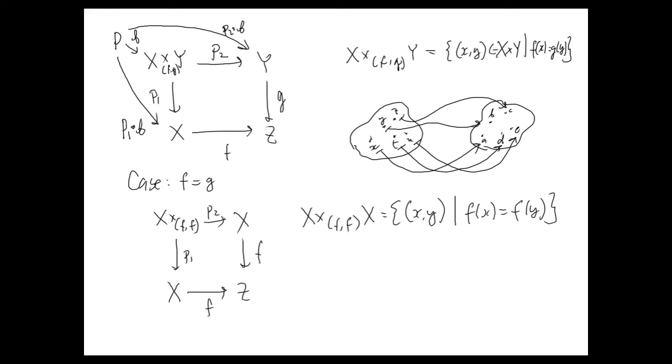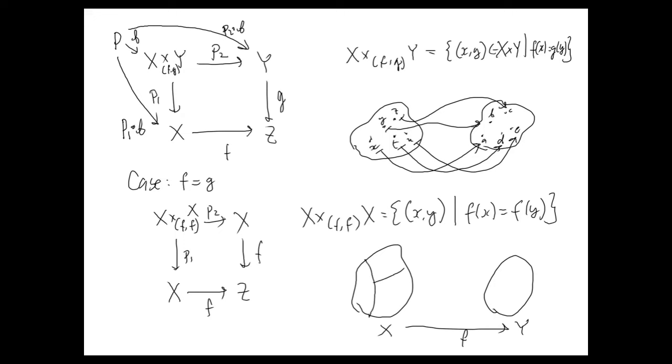Has anyone seen this construction before? If you've got a function F from X to Y, you are sometimes interested to identify all those elements that get mapped to the same spot by F. So every function will partition your set, where things from the same class get mapped to the same spot.